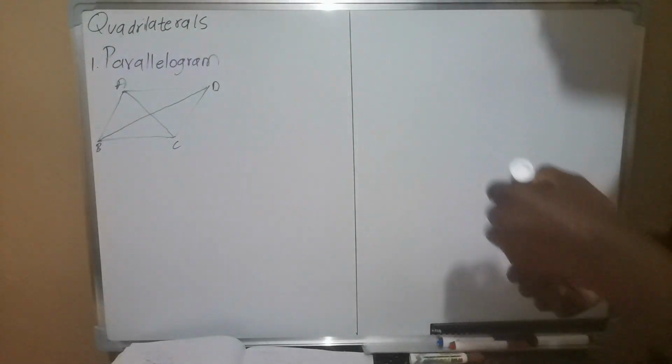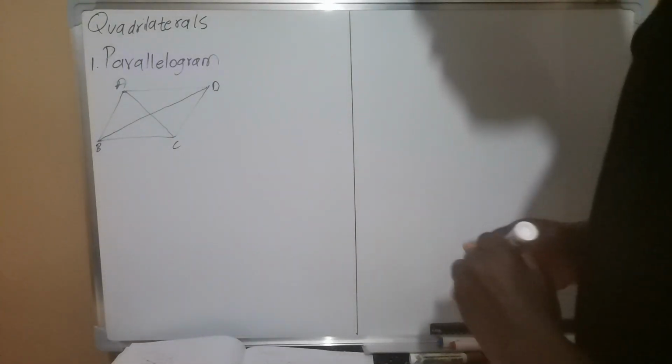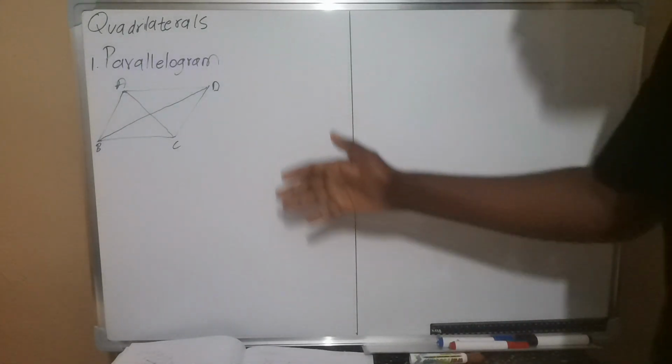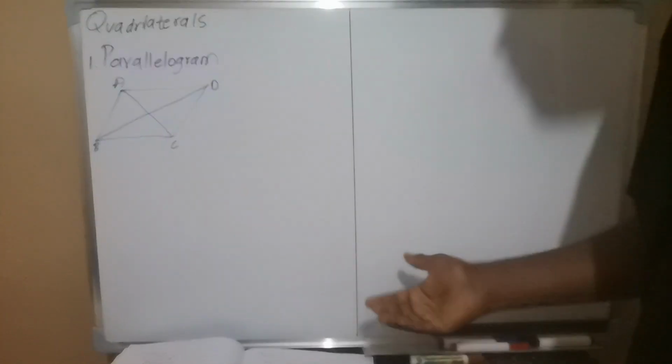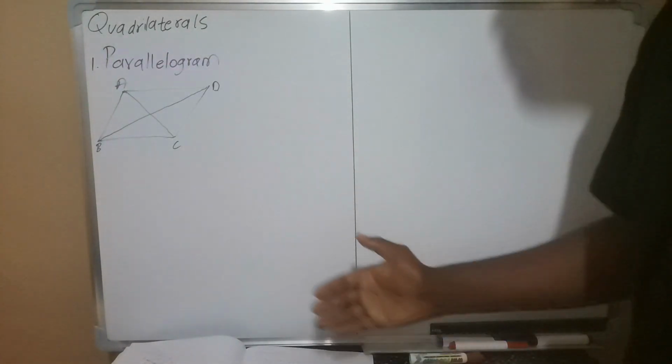Here's our parallelogram ABCD, and then we've got diagonals in it.